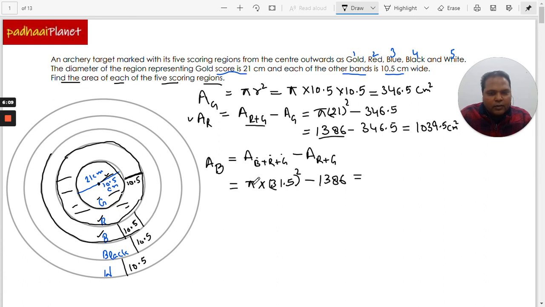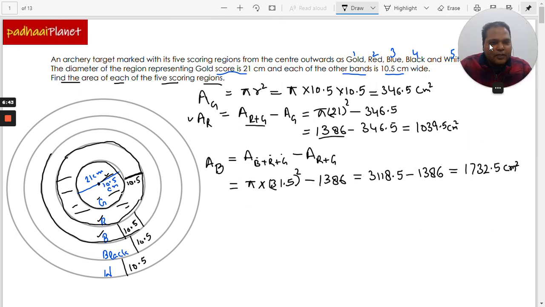So let's put the value of pi here, and when we put that, we get the figure as 3118.5 minus 1386, and that's equal to 1732.5 square centimeter, right?